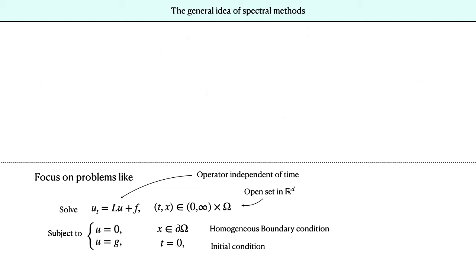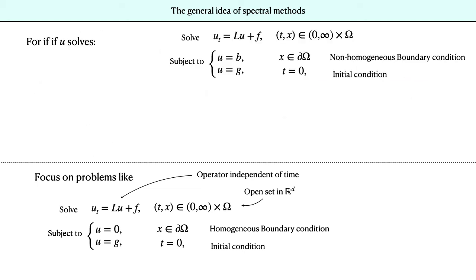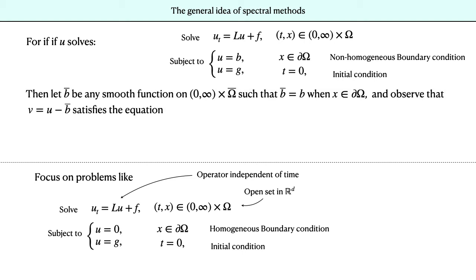This is because if we had a problem with non-homogeneous boundary conditions, then we could introduce a function. If we assume that the boundary conditions are a little bit smooth, we can introduce a smooth function b bar, which lives in our whole domain, but which agrees with the boundary condition b.